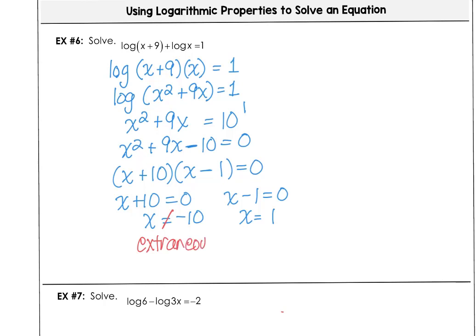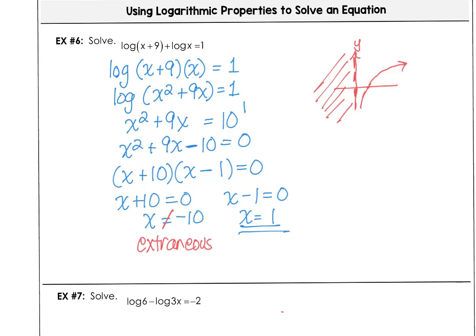And I'm reminding myself about the log. Just think about the graph of a log. You know, our y-axis is a vertical asymptote here. So there's no logs of negative numbers in the domain. And x equals positive 1 is our only possible solution.